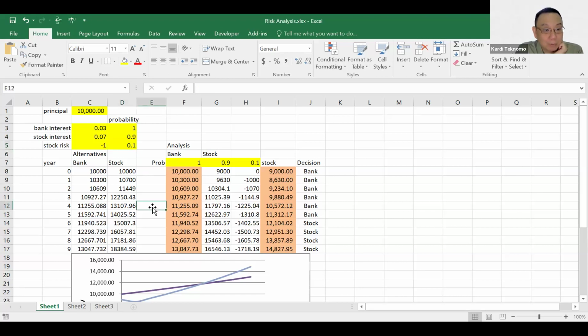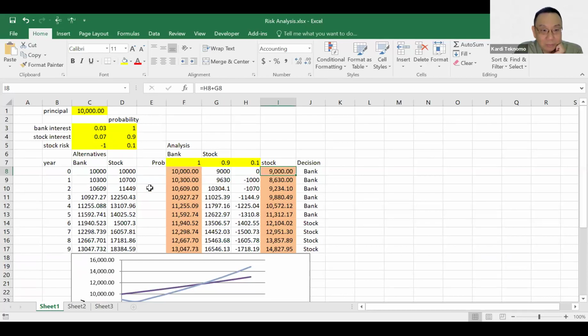Many of you just computed this part. Yes, if you look at the first year, the decision is the bank compared to the stock.